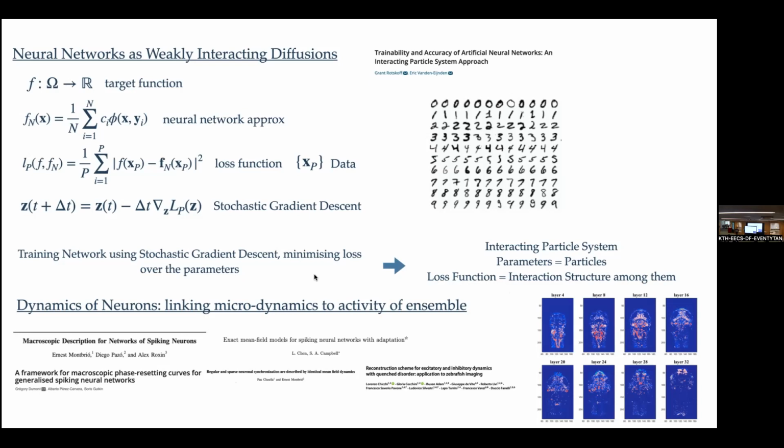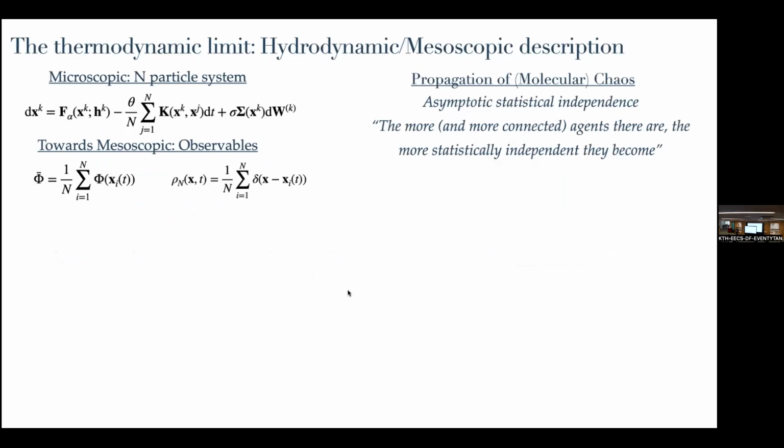I've just put a few models here, and we've seen some today in the first two talks. So why are we interested in these mean field models? Basically, because we can find in a thermodynamic limit what is called a hydrodynamic or a mesoscopic description, a simplified description of the system.